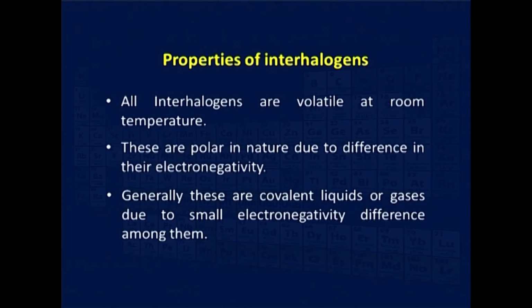All interhalogens are volatile at room temperature. These are all the general properties shown by the interhalogens. These interhalogens are polar in nature due to the difference in their electronegativity values. Generally, these are covalent liquids or gases due to a small electronegativity difference among the constituent halogen atoms.